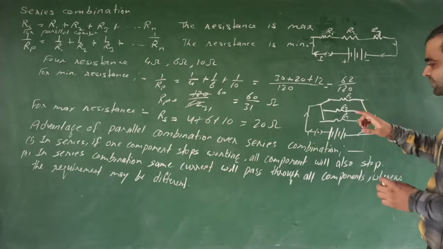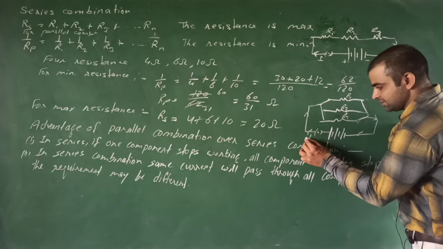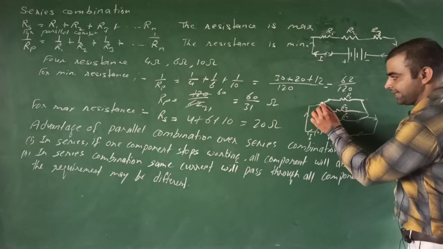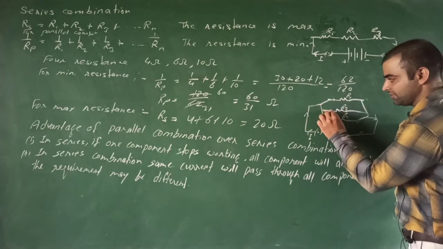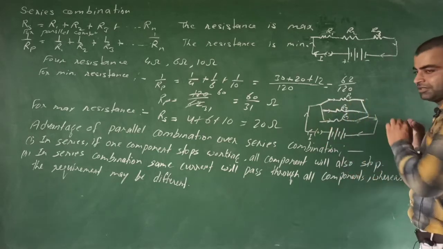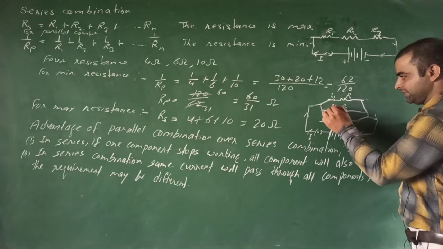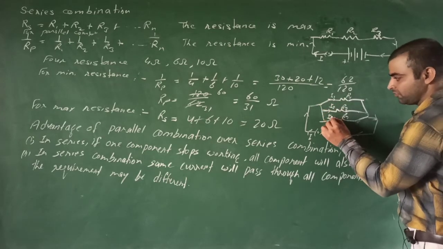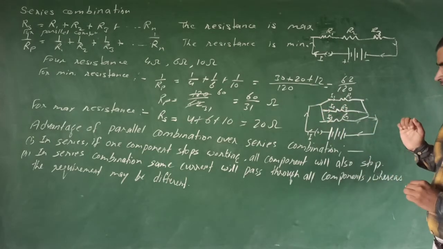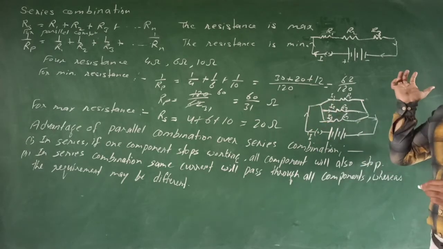And in parallel combination, if current is going from this point, then it will go from here, it will go from here, it will go from here. We can see, and the values of current will be different for each component because current is divided into some parts.